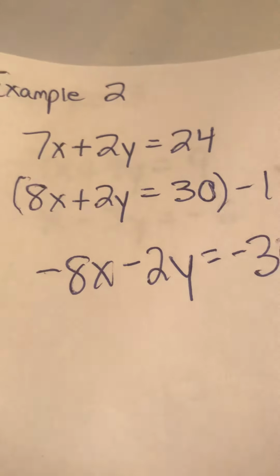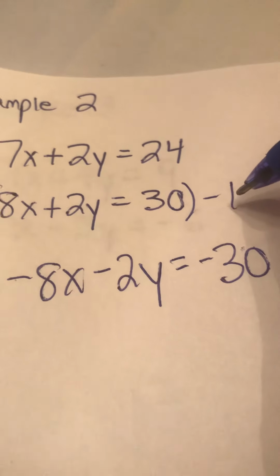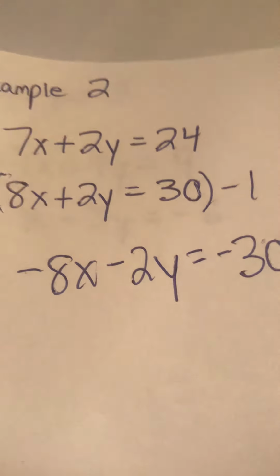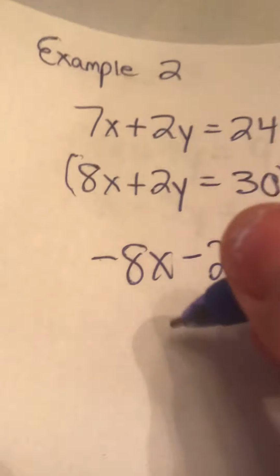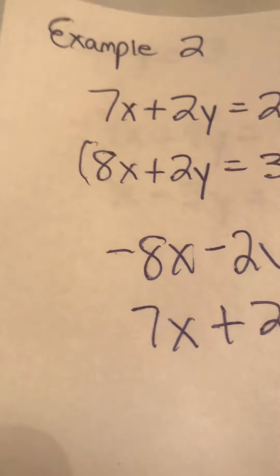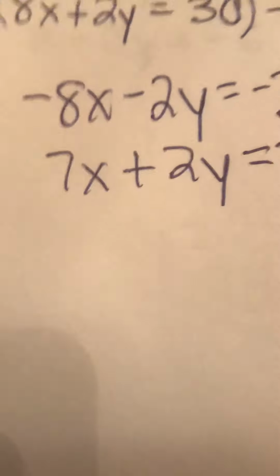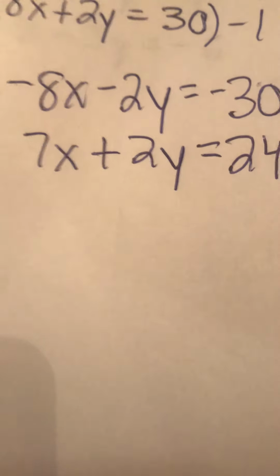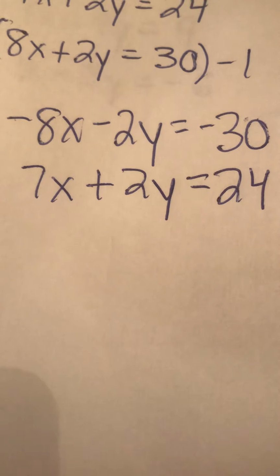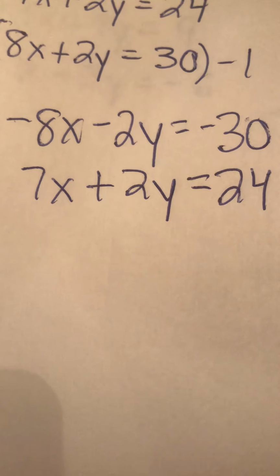All I did was multiply every term by -1. Okay, now let's go ahead and rewrite the above equation. So now I'm focused on those two equations, -8x minus 2y equals -30, and 7x plus 2y equals 24.